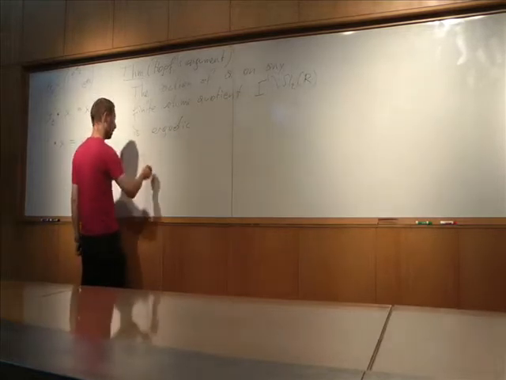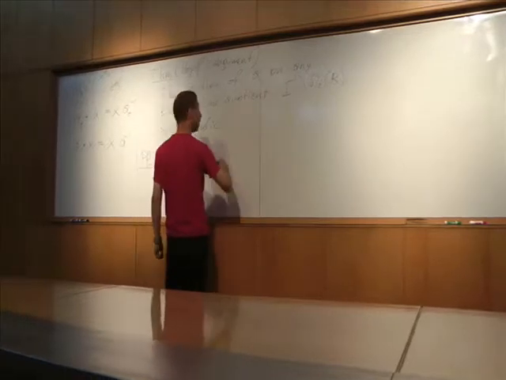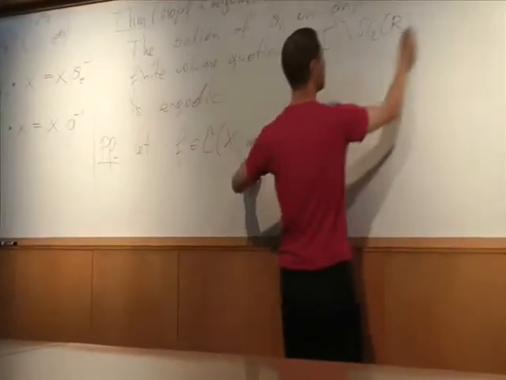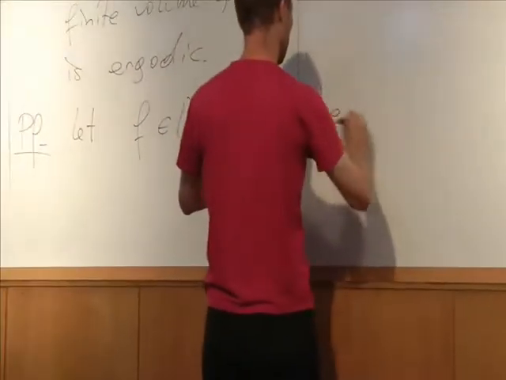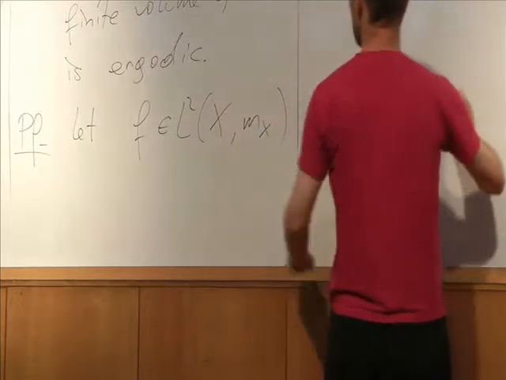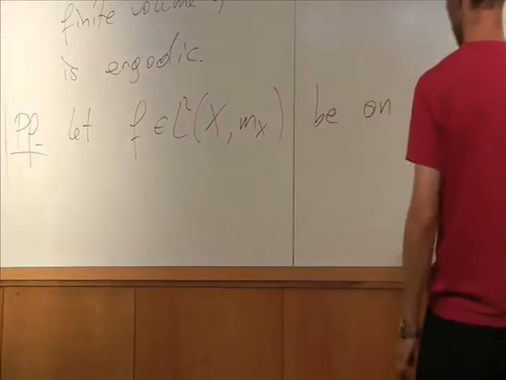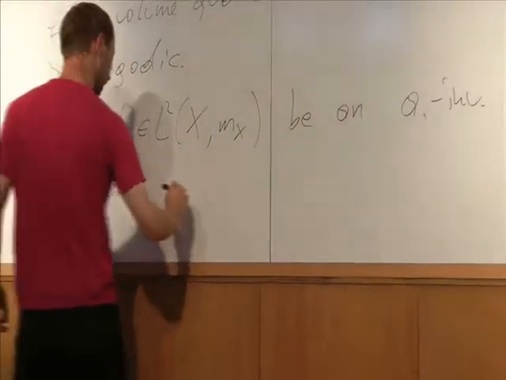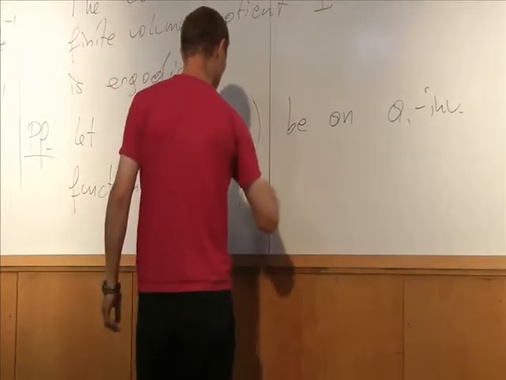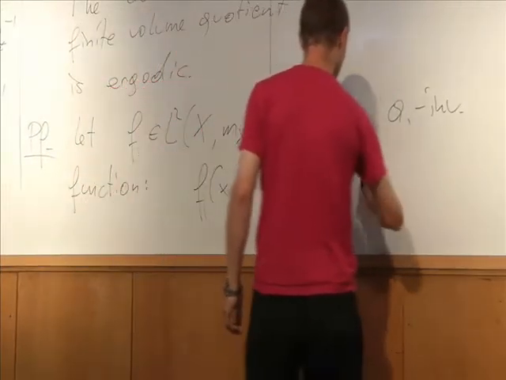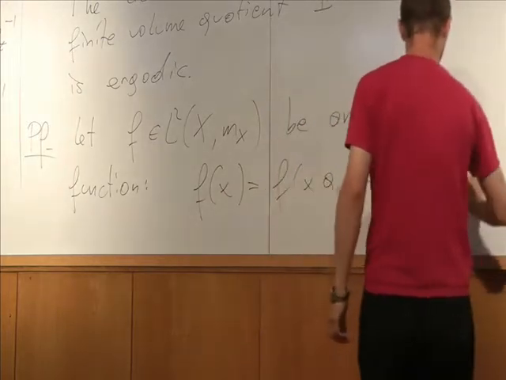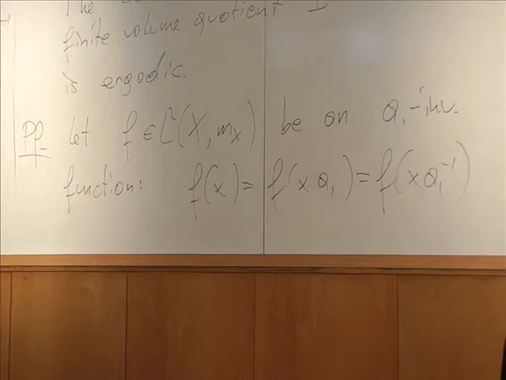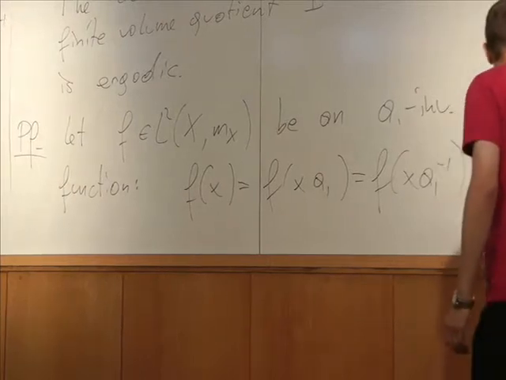Let f in L2 of X, m_X, that's my normalized measure, be an A1 invariant function. That means that f of x is equal to f of x A1, is equal to f of x A1 inverse, which is A minus 1, for almost every x.